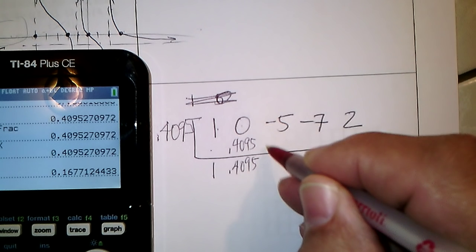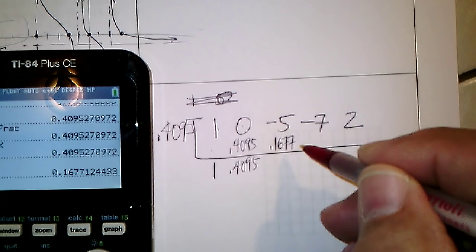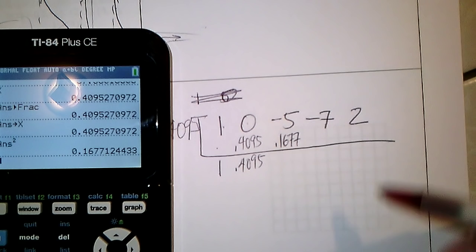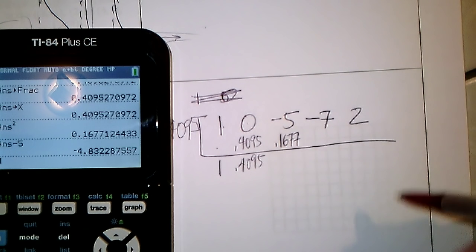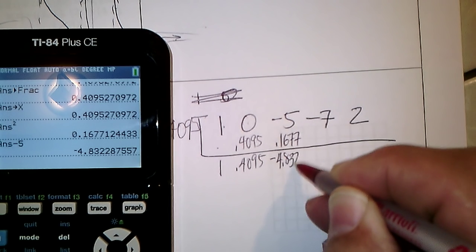And so I'm going to have 0.1677, and I have to subtract 5, and I get minus 4.8322.